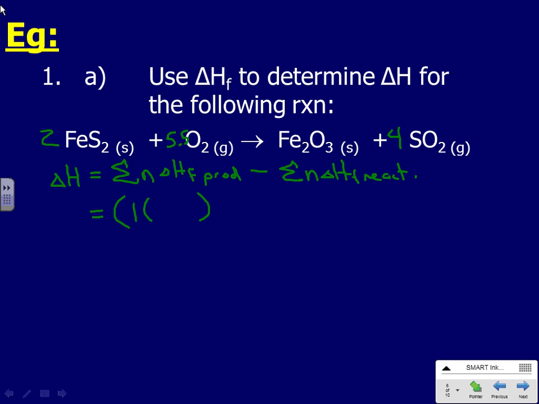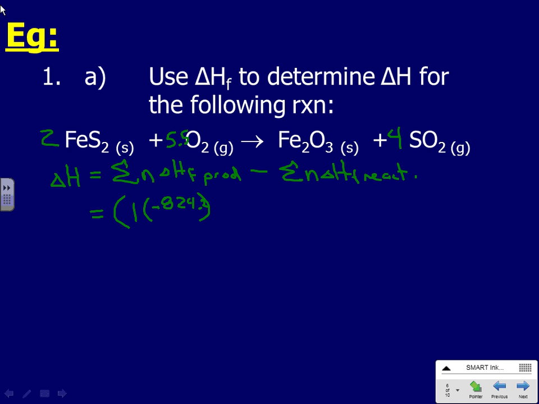Again, it's alphabetical by element, so this looks like it's in the second column. Fe2O3. What number do you see there? Yep. Negative 824.2, and I didn't really leave enough room in my little bracket there, but that's okay.